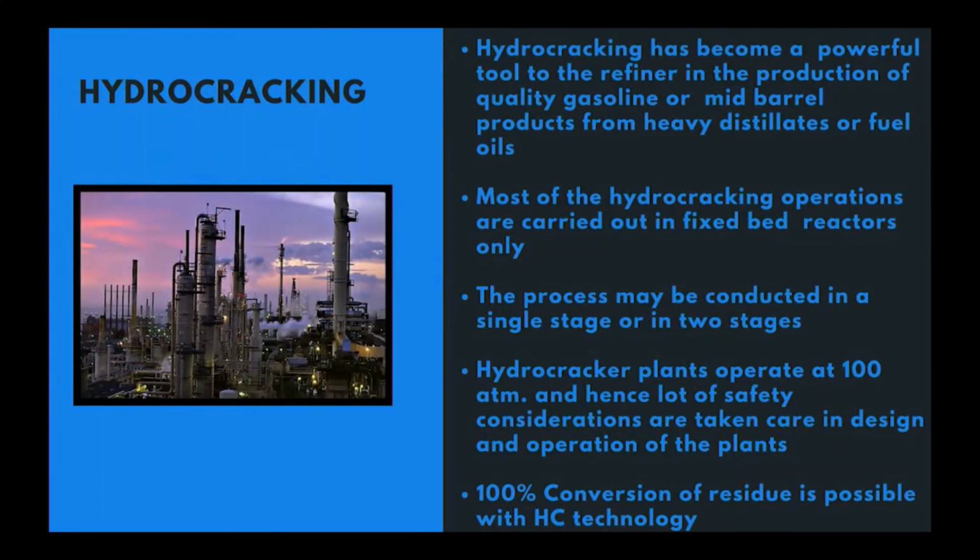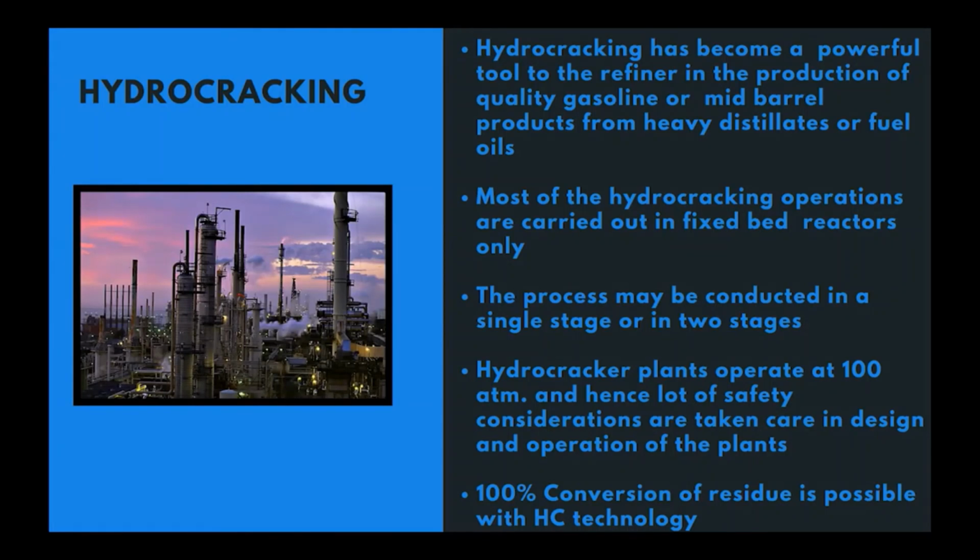Then the next cracker unit, or the secondary processing unit, is known as the hydrocracker. The hydrocracker has become a powerful tool for the refiner in the production of quality gasoline and mid-barrel products from heavy distillates or fuel oils.